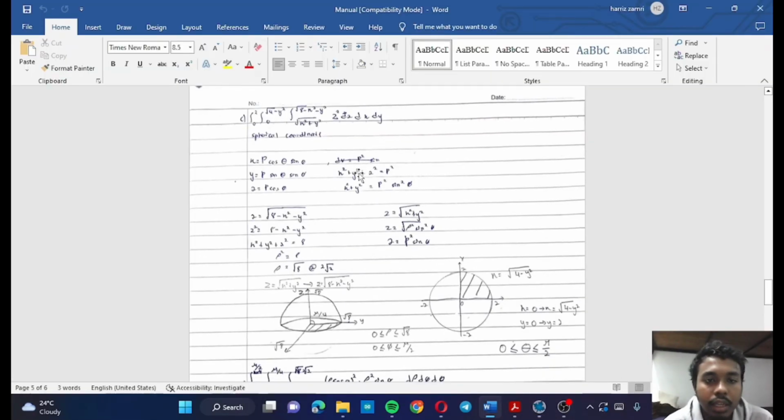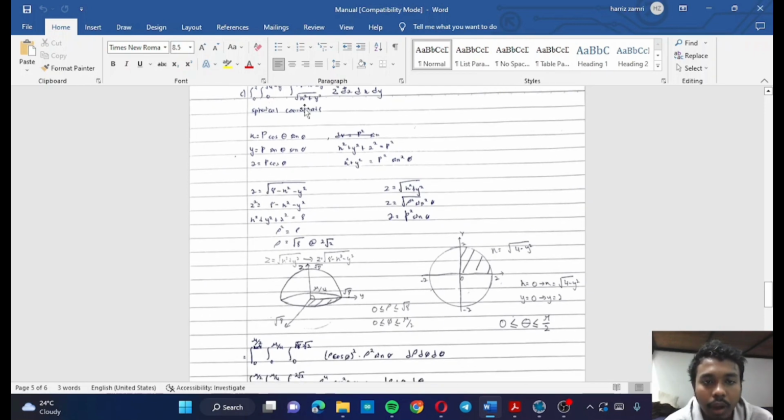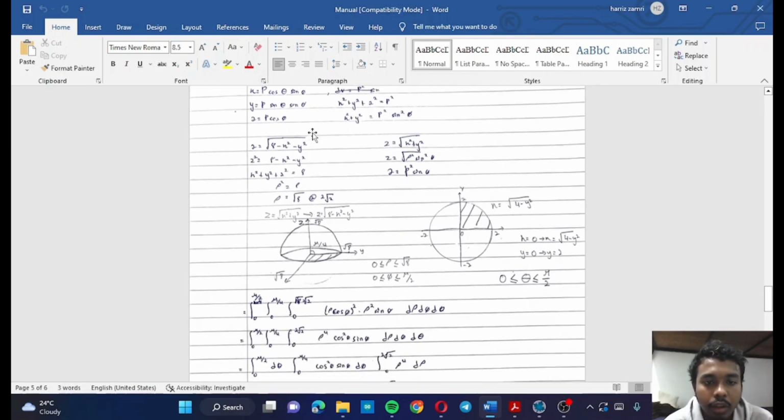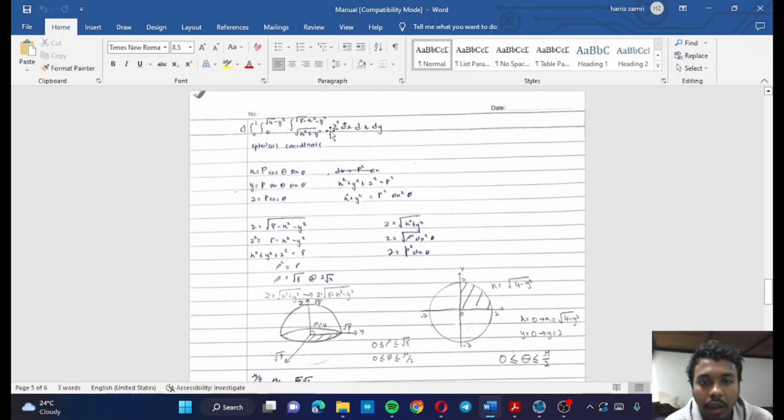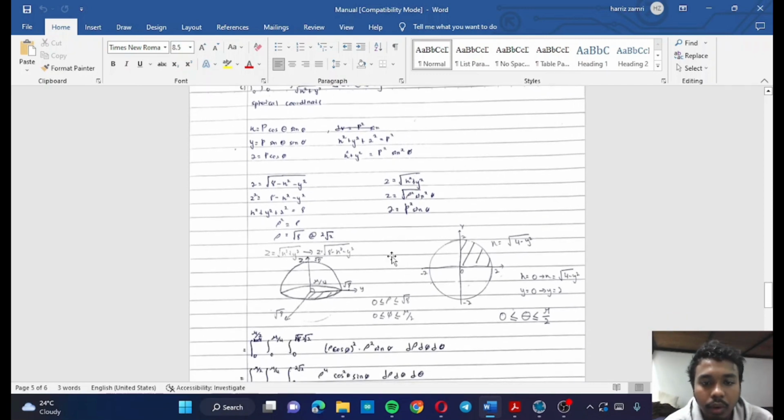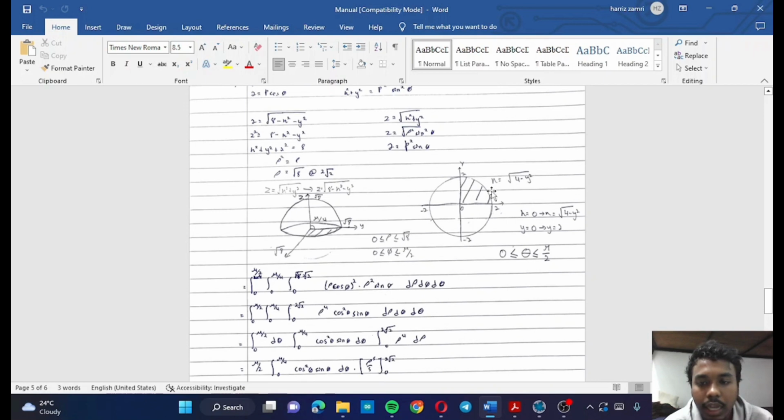Alright, so for question C, it gives a Cartesian formula first. Then I type the Cartesian formula here, but it wants the answer in spherical coordinates. So I find the rho upper limit first, which equals z, which is this. And this is the 2D diagram. So we need to find the first octant here, and this is the 3D diagram.